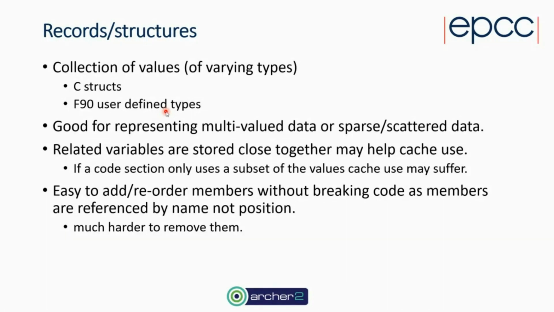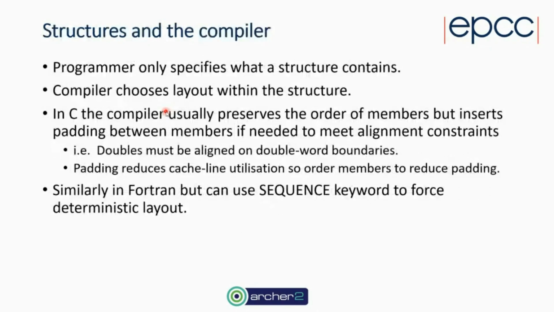These can be really nice programming techniques to make your program easy to understand, which is nice, but there are some performance issues with using structures in terms of how that can then be mapped onto optimized functionality by the compiler.